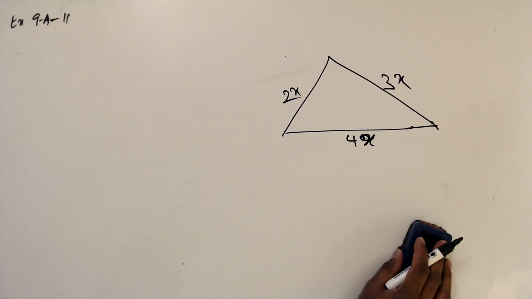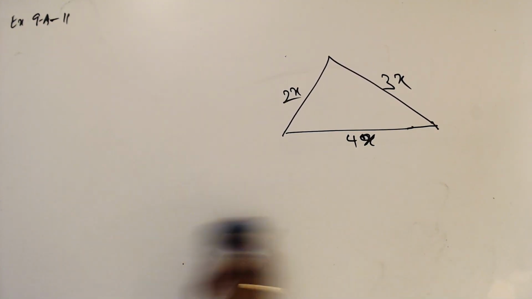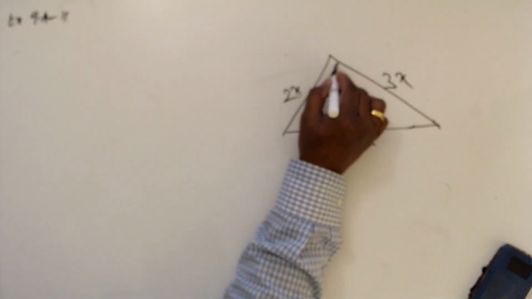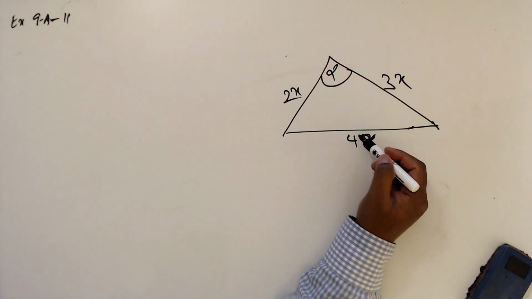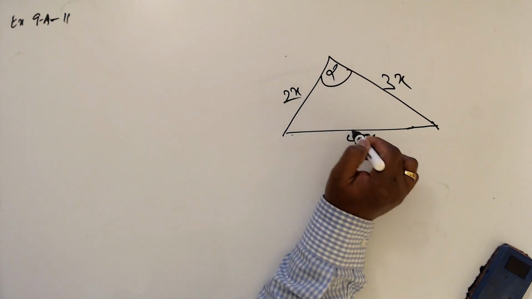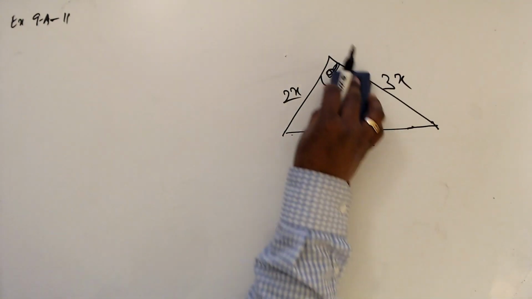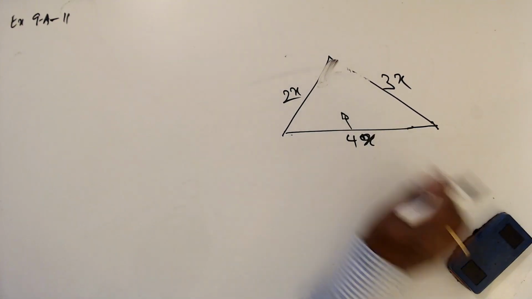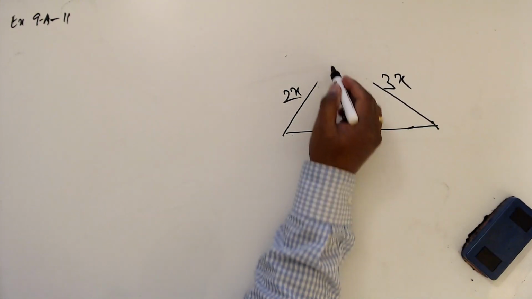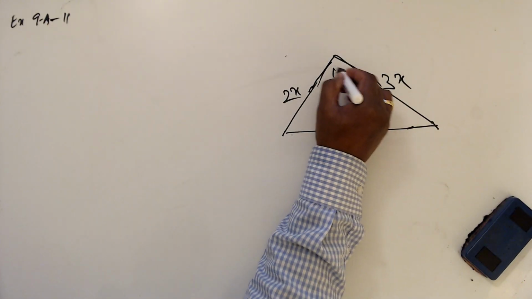Now we want to calculate the largest angle. The largest angle is always in front of the large side. The large side is 4x, so this is going to be the angle. I'll take alpha or theta. This angle is theta.